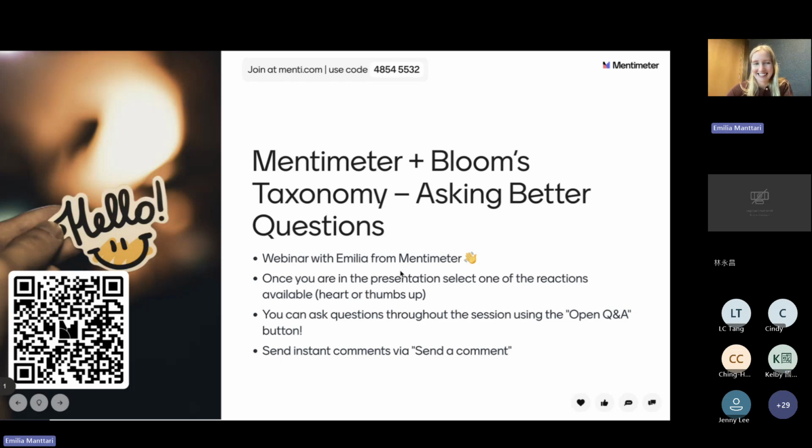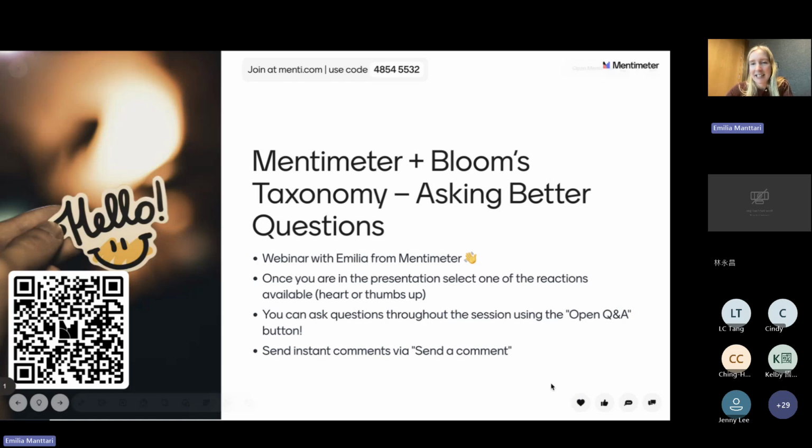For anyone joining just now, please go ahead and join the Menti. I will have the code here at the top of my presentation throughout. The QR code is still available for you now, but I probably won't show that later, so now is your time to easily join through the QR code.